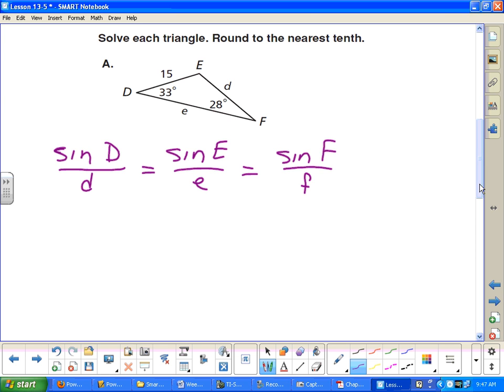Now I'm going to fill in what I know. Angle D is 33 degrees, so I'm going to put 33 in there. Side D, we don't know. Angle E, they don't tell us. Or do they? Do they tell me angle E? Technically they do, because why?